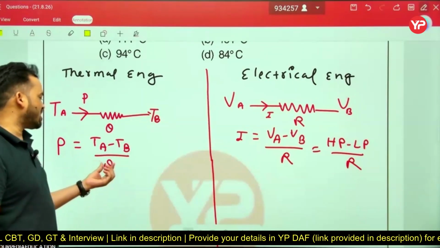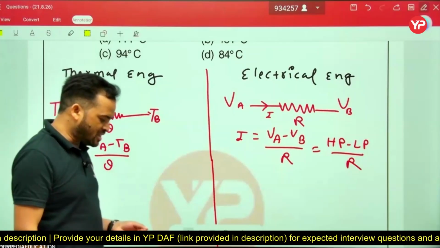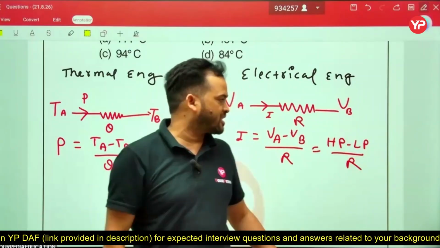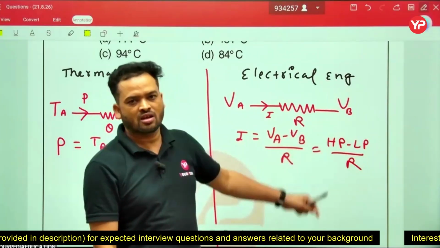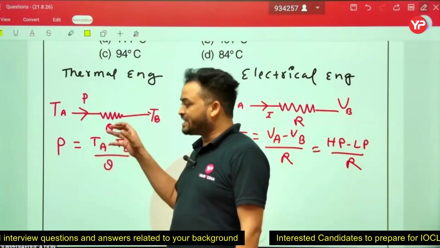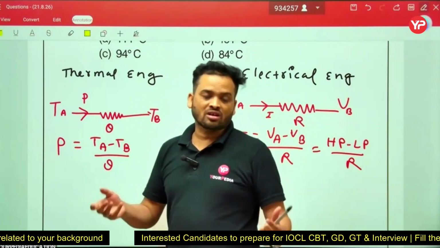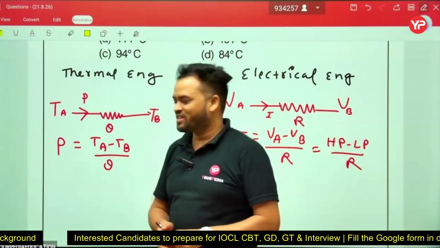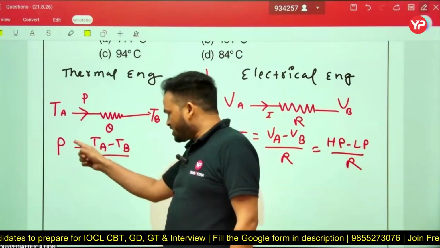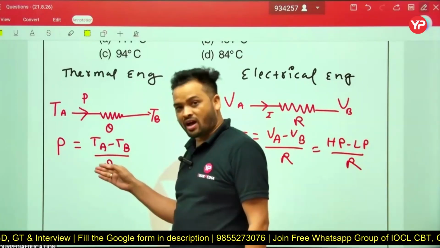If theta is large, then the heat flow is less. The barrier offered by the material to electric current is said to be electrical resistance, but the barrier offered by the material to heat energy or heat power is said to be thermal resistance. This theta is the thermal resistance. We take theta on the left side and P in the denominator.